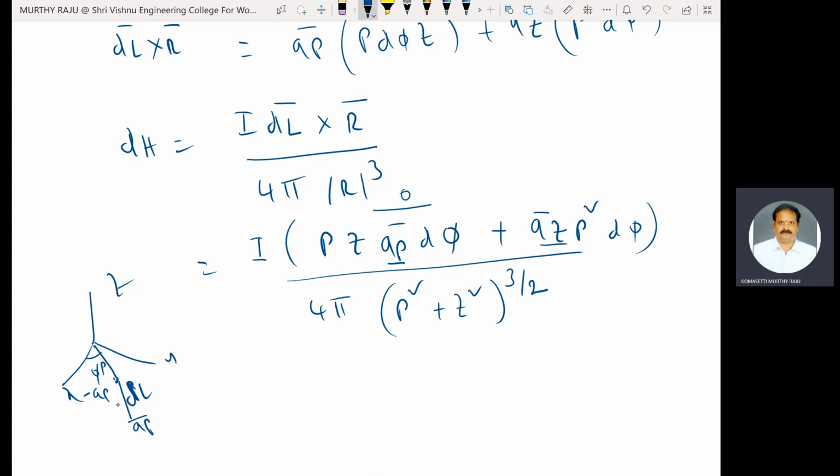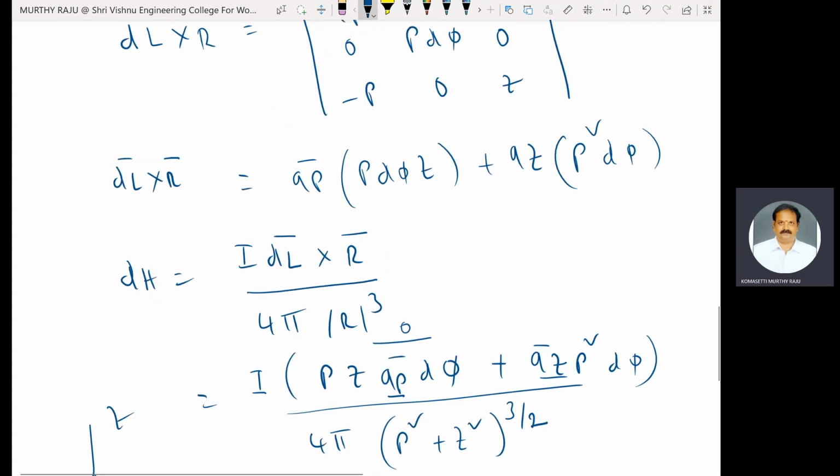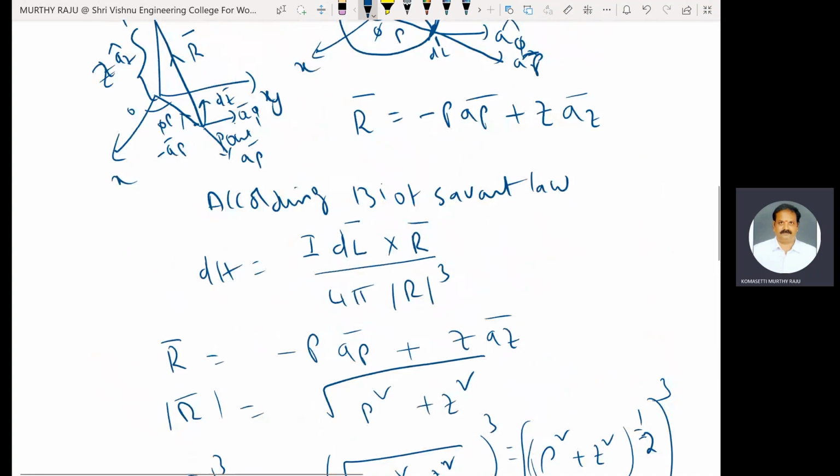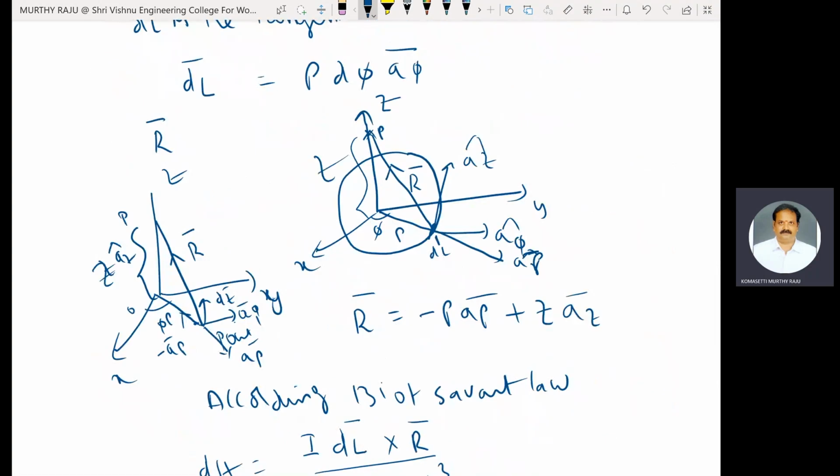So dH bar exists only along the axis, the z axis.